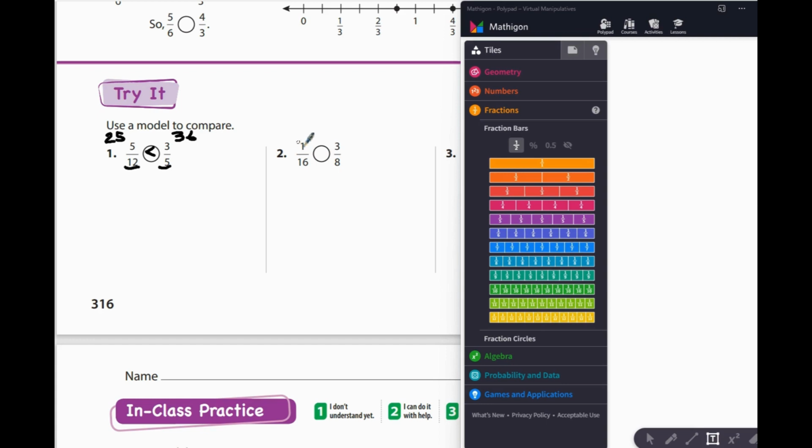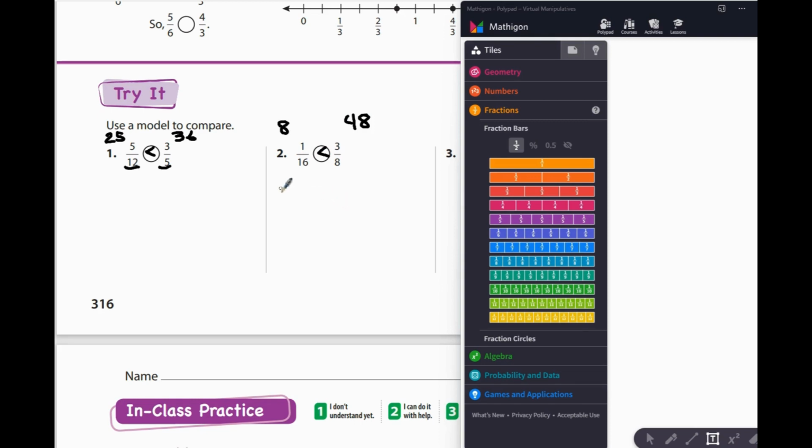Let's do the cross multiplication first. So we have 8 times 1 is 8, and 16 times 3 is 48, right? Okay, that means 3/8 is going to be greater than 1/16.